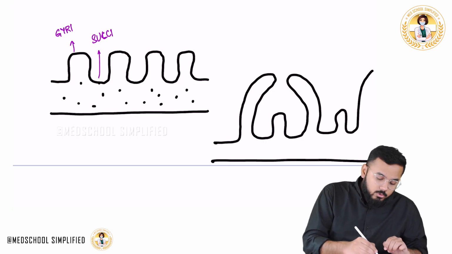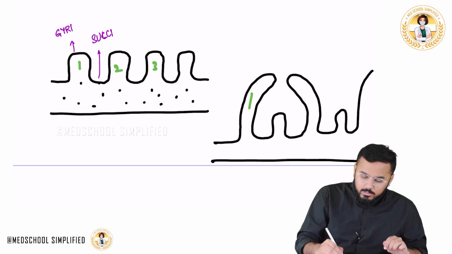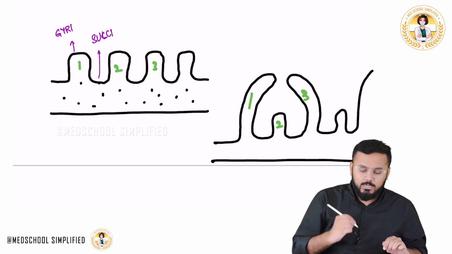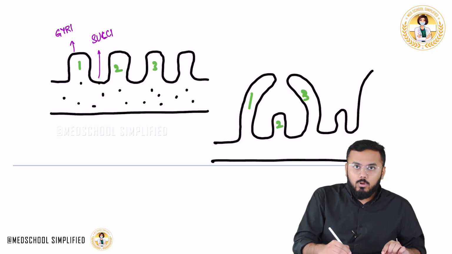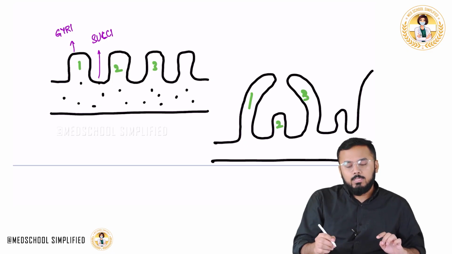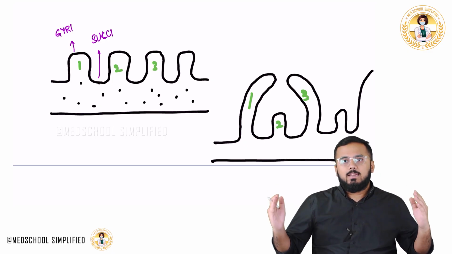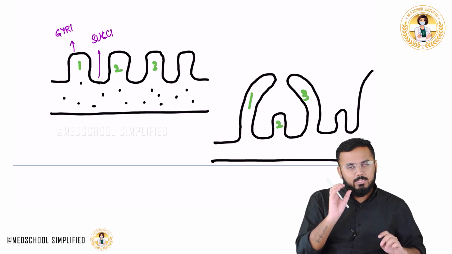Now what has happened to, let us say, this is 1, this is 2, this is 3, this is 2 and this is 3. Now compare all these structures here. Look at 1, how big it has grown, and look at 3 also how big it has grown. So the gyri which are located on the lateral surface, they grow very fast in comparison to the gyri which is located in the center.